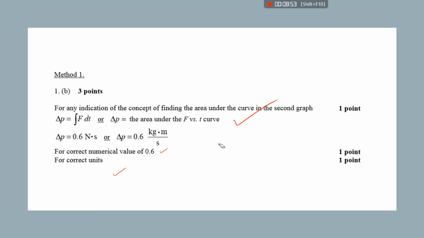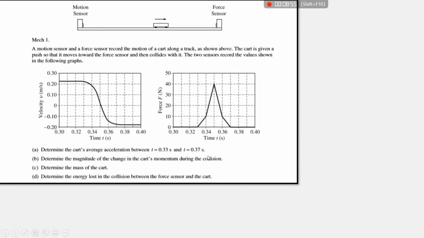So 3 points. And determine the mass of the cart. So the mass of the cart is, if we have impulse divided by velocity.